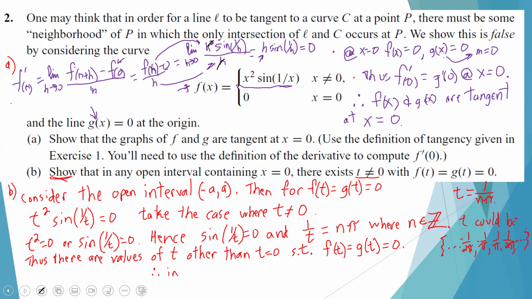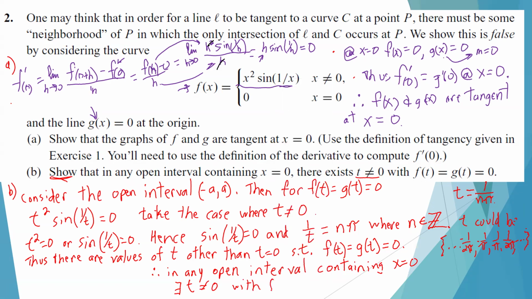We can say in any open interval containing or including x equals 0, there exists a t not equal to 0 with f of t equal to 0. There we go.